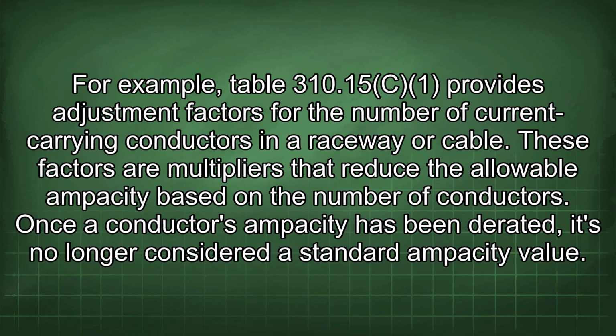For example, Table 310.15 provides adjustment factors for the number of current-carrying conductors in a raceway or cable. These factors are multipliers that reduce the allowable ampacity based on the number of conductors. Once a conductor's ampacity has been derated, it's no longer considered a standard ampacity value.